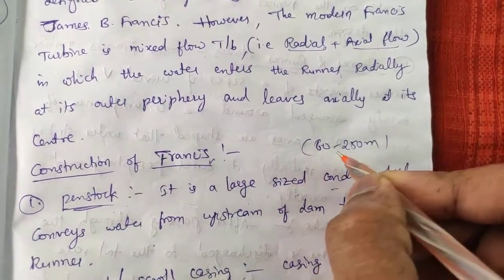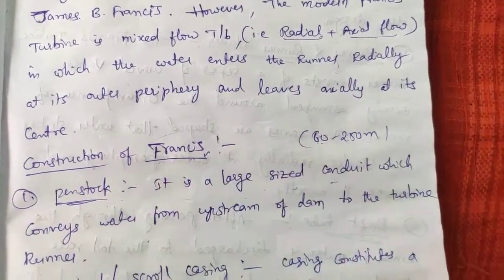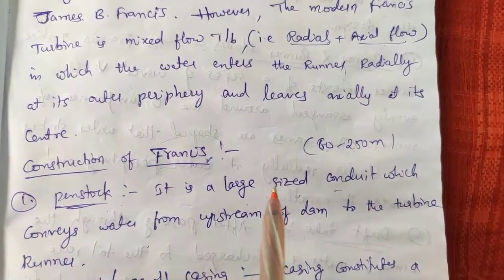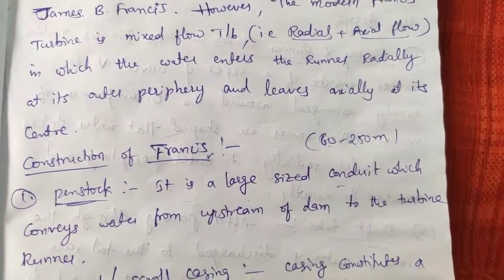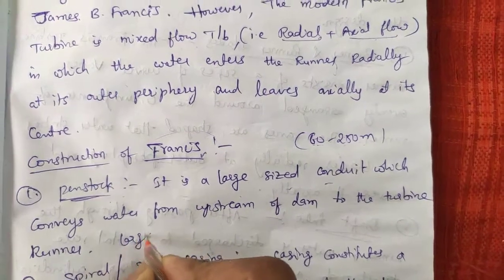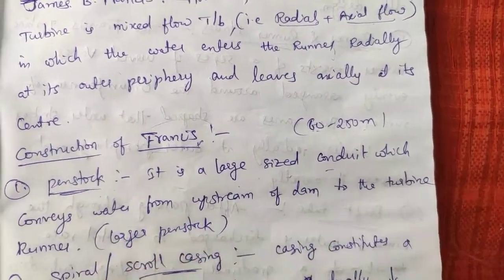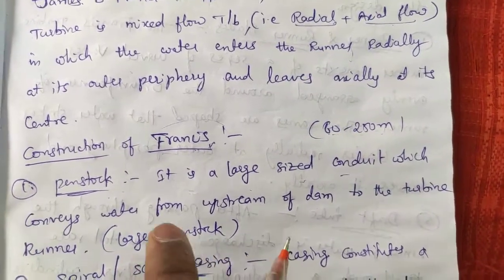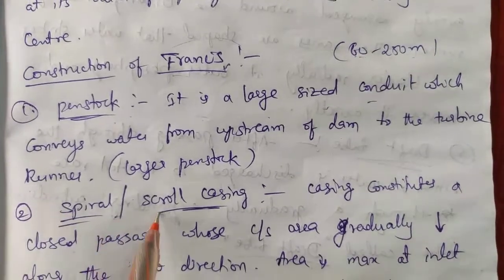So under a head of 60 meters to 250 meters, we can run this Francis turbine. So that's why for the medium range turbine, we use a larger penstock. That means a large diameter of penstock we use in the Francis turbine. And the next part is the spiral or scroll casing.